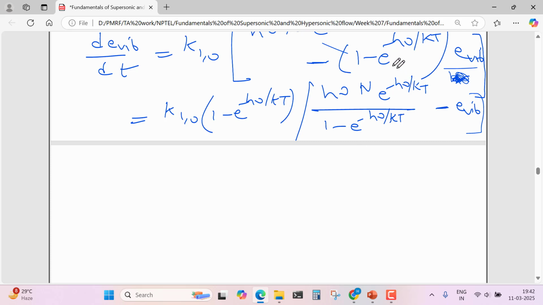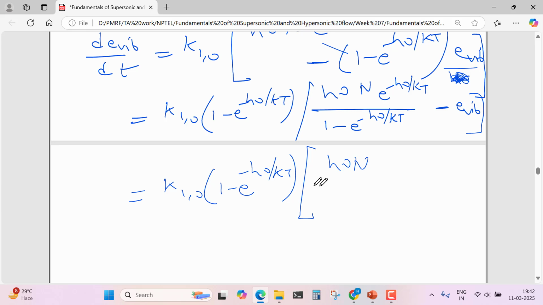Now this e to the power minus h nu, we can take it in the denominator, so we will get k1,0 (1 minus e to the power minus h nu upon kt) times h nu N upon (e to the power h nu upon kt minus 1) minus E vibrational.